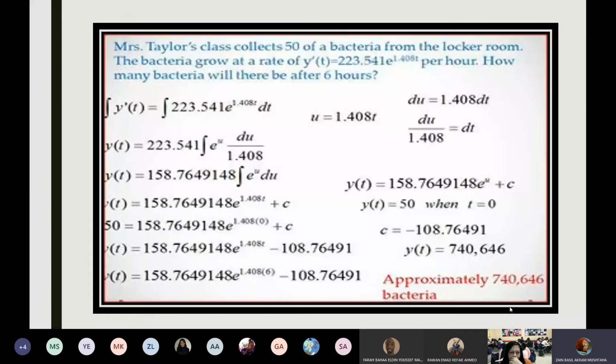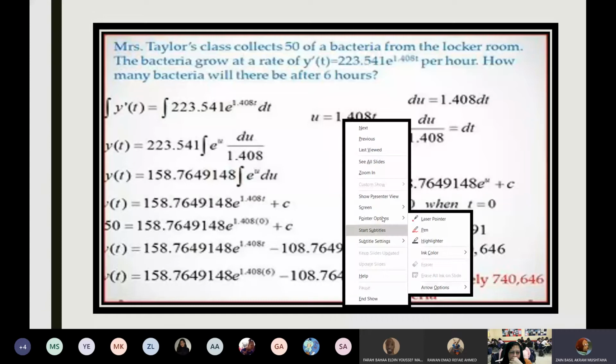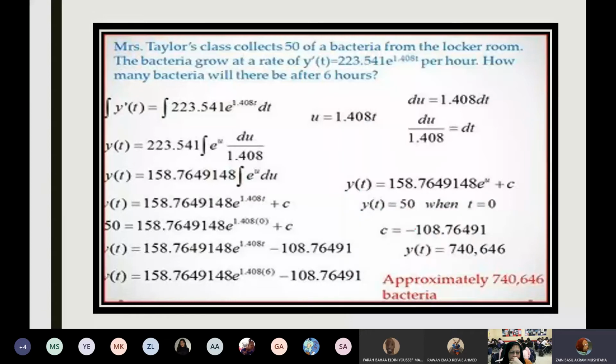First of all, we identify our inner function, which is u is equal to 1.408t. And then get its derivative, which is du over dt, which is 1.408. And then we get du is equal to 1.408 dt.